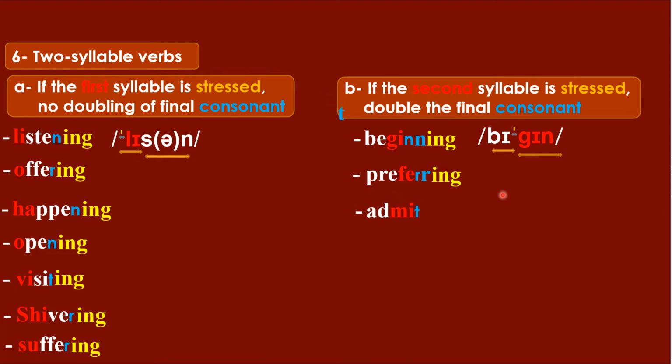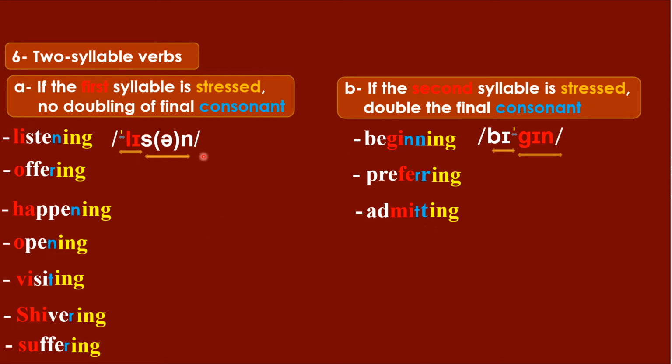I have admit, double T, and ing. Look at, for example, admit and visit. They're similar. But here I don't double because I say visit, okay? But here I double because I say admit, okay? Because here the stress is on the first syllable and here the stress is on the second syllable.